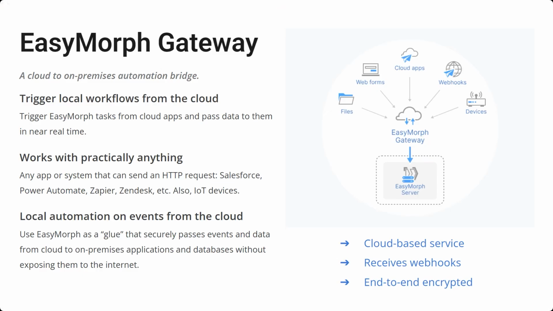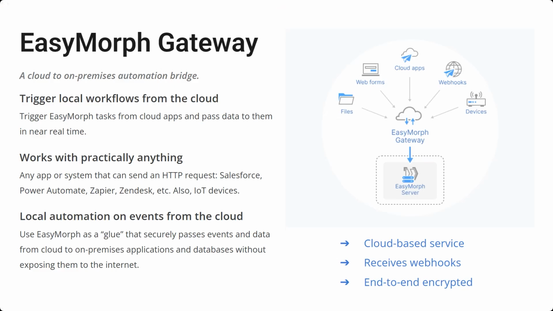To illustrate how the gateway works, I will use an example that collects data from a web form. So I've built a Google form, and Alex, can you please share the URL in the chat? Yes.